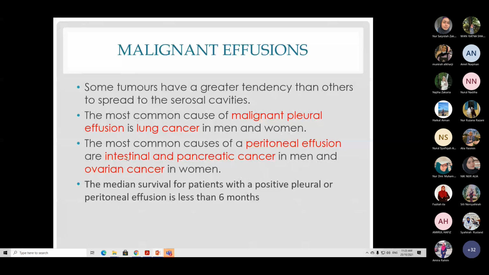Intestinal can be gastric or colon cancer, in men, and ovarian cancer in women. So if a patient has been diagnosed with positive pleural or peritoneal effusion, it is sad news for them, because the median survival is only about 6 months, in some cases less than 6 months.